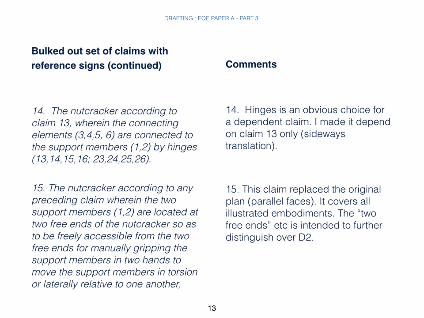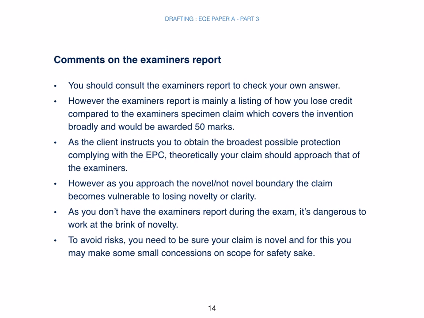Now I would like to refer to the examiner's report for some comments on the claims, and mainly the main claim. Firstly, there are some general comments. These are generalities on the examiner's report. First, you should consult the examiner's report to check your own answer.